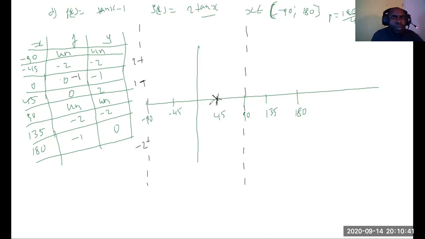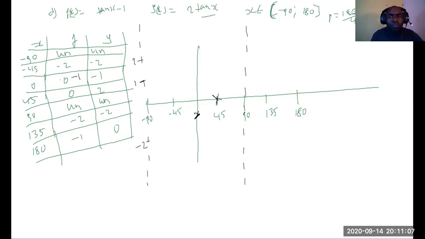Okay. Then I have got my maximum is -1 at 0. At 0, here I've got -1. At 0, I've got -1.